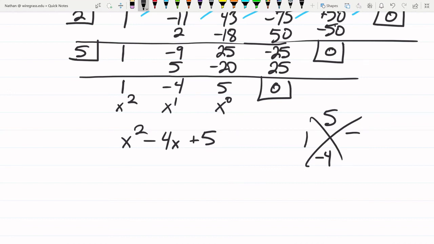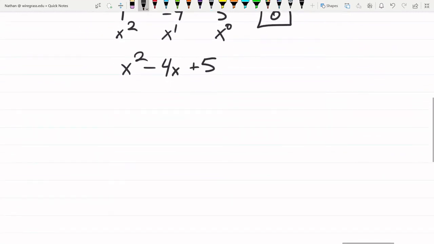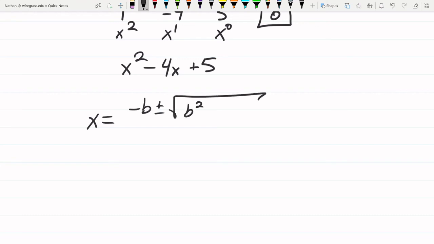That'd be 1 and 5. 1 plus 5 is 6. Negative 1 and negative 5. Negative 1 plus negative 5 is negative 6. There are no numbers that do that. So we must use the quadratic formula. Okay? The quadratic formula is negative b plus or minus the square root of b squared minus 4ac, all over 2a.